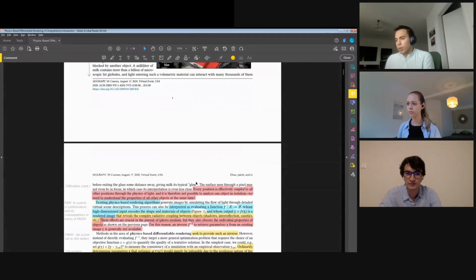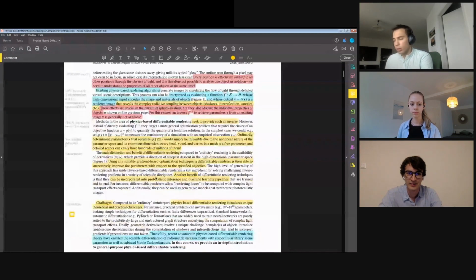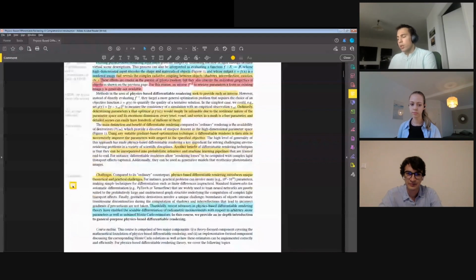Okay. So they continue to talk about difficulties, then advantages, then the challenges. Maybe the challenges would be interesting to quickly mention. I had a quick note. So the main challenges are the many-parameter space, as Barney mentions, how these many parameters are intertwined and make it difficult to actually achieve this task. The second difficulty was with automatic differentiation, for example using PyTorch, and how that is poorly suited because of the complexity of light transport.